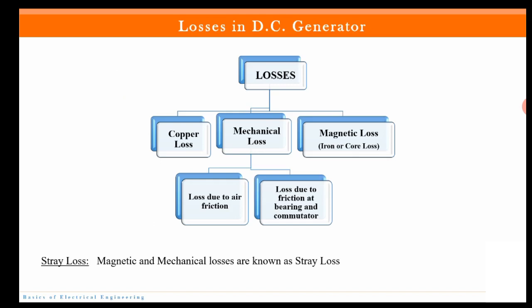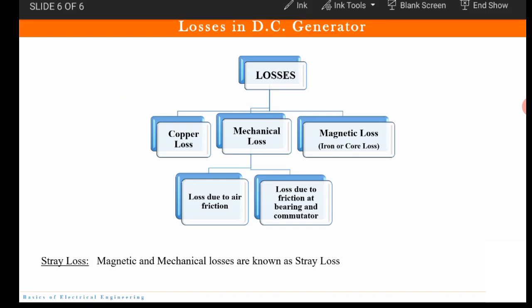Now let us understand what are the various losses in DC generator. So basically there are 3 types of losses: copper loss, mechanical loss and magnetic loss. Okay, and copper loss is also represented as I square R loss, and copper loss is basically due to the material used, which is copper, because copper is a very good conductor, but then it is associated with loss also.